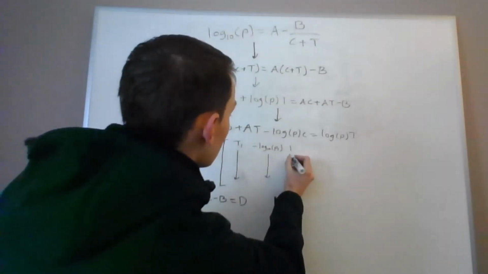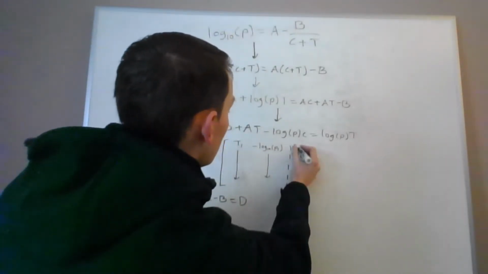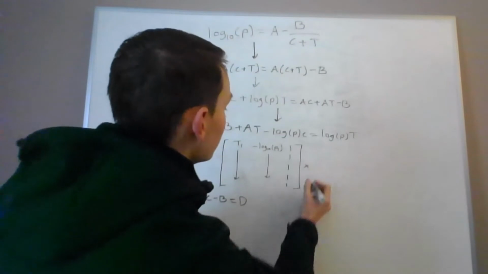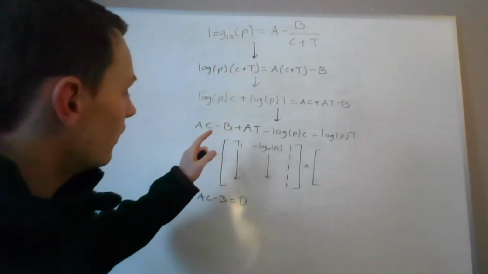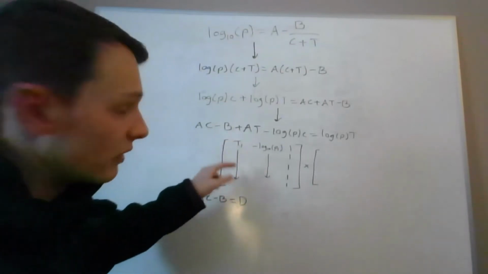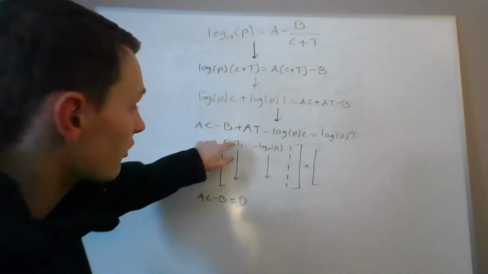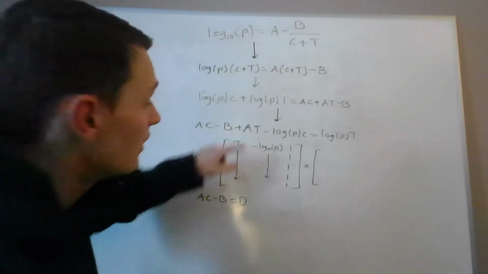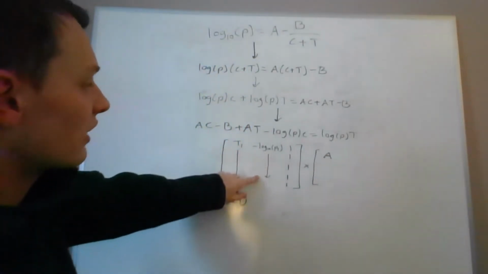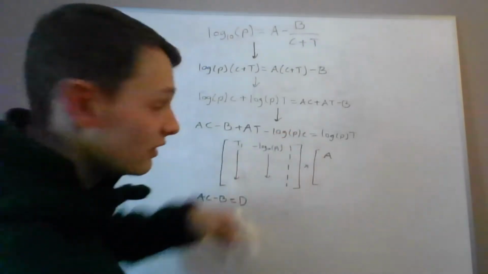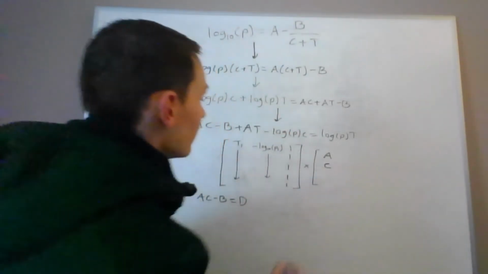So that means we need our column of ones, and now we have to make our corresponding vector of unknown coefficients. So the first column here is going to be multiplied by the first row. Our temperature values were multiplied by A, so A is going to be first. And then our second column, second row, we had C. So that's two of our unknown coefficients.